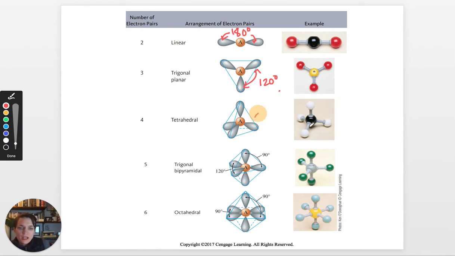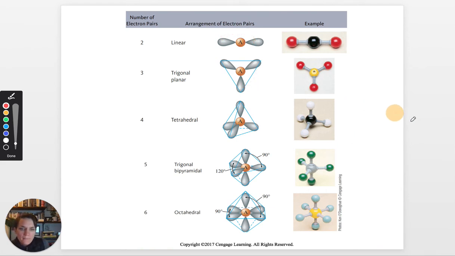Example there would be CH4. The carbon diamond figure that we had at the first slide of the chapter 8 lectures was all carbon atoms in this tetrahedral arrangement.